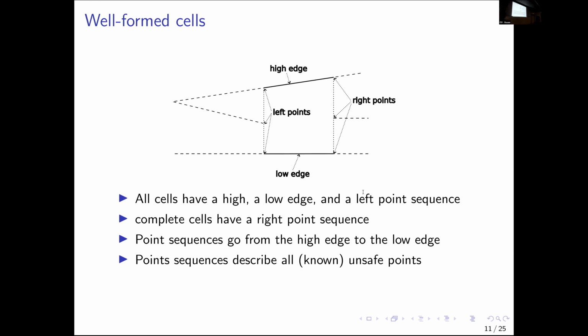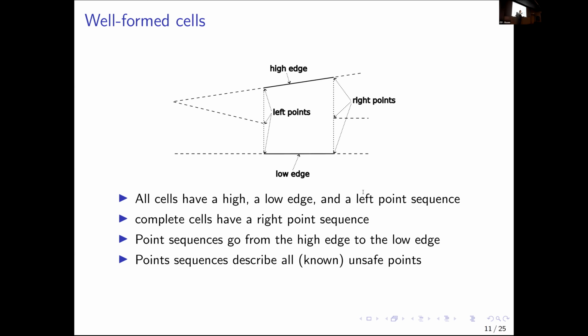So I'm going to show you that. This is the way my data structure for cells is organized. It has four fields. One is the low edge, which is something that may continue before and after. It also has a high edge. And it has two vertical lists of points, which correspond to all the points that are unsafe on the sides.